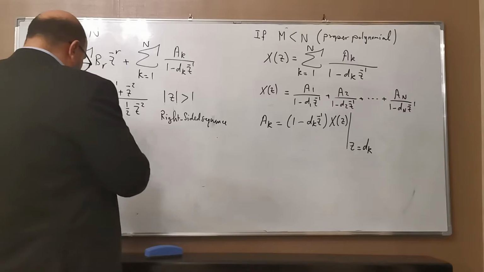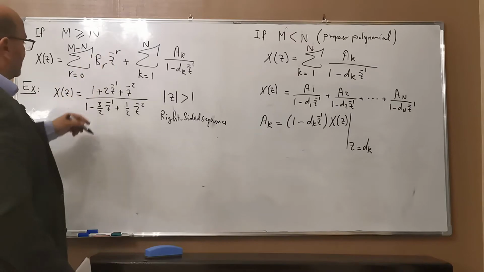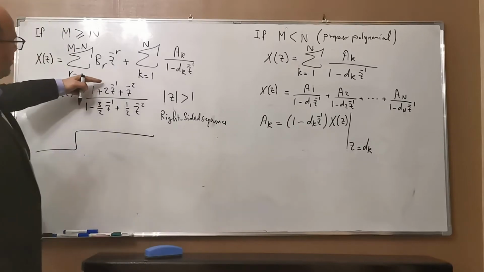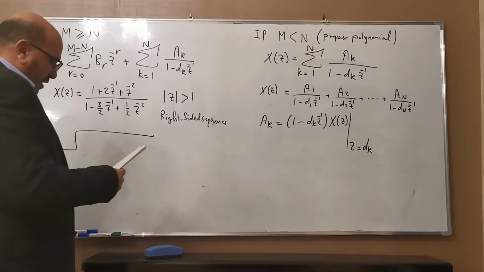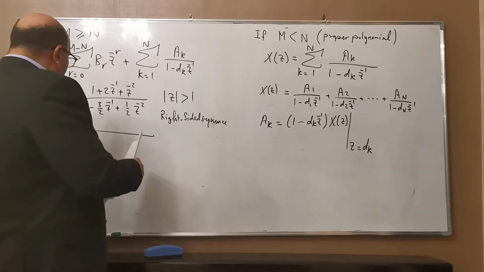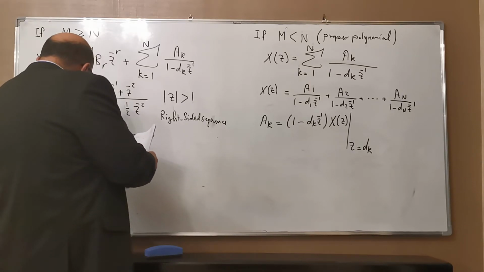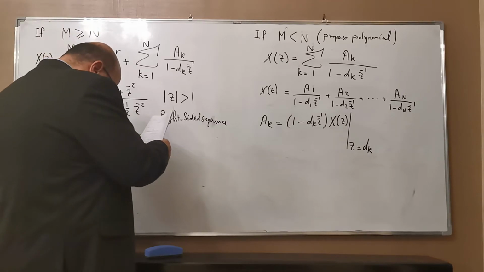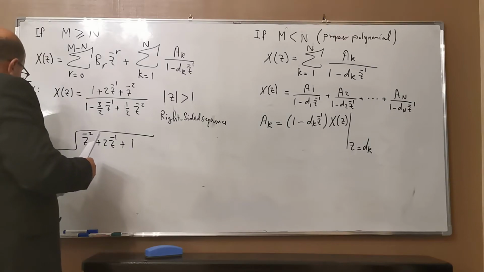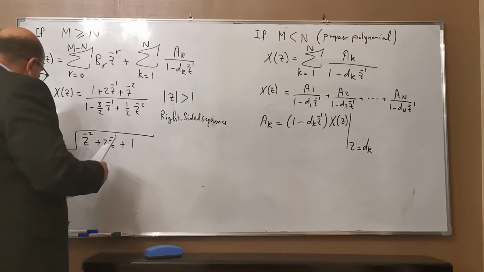Okay. Before we do this, we have to do a long division to get this polynomial here. So I'm going to do this until we have an order of the numerator less than the order of the denominator. So we'll do one step of long division. So this is z to the minus 2 plus 2z inverse plus 1 divided by 1/2 z to the minus 2 minus 3/2 z inverse plus 1.